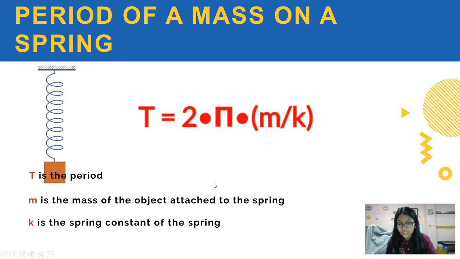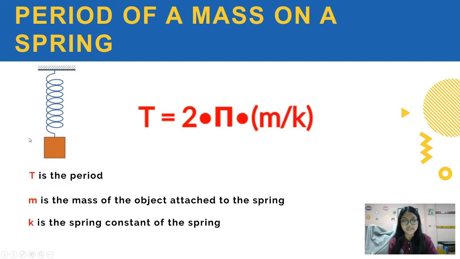The equation can be interpreted to mean that more massive objects will vibrate with a longer period, and their greater inertia means that it takes more time to complete a cycle. Springs with a greater spring constant have a smaller period, and masses attached to these springs take less time to complete a cycle.